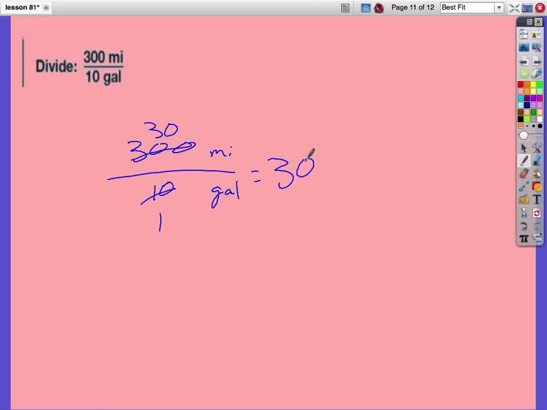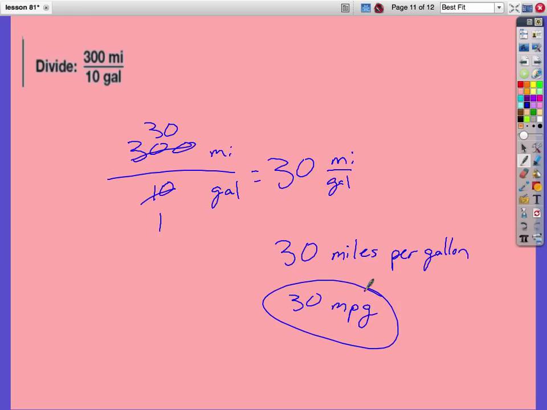So I'm just going to leave them as miles over a gallon. Okay, another way to say this is 30 miles per gallon, like that, or I could do 30 mpg. Okay. Either way, we're still getting 30 miles per gallon.